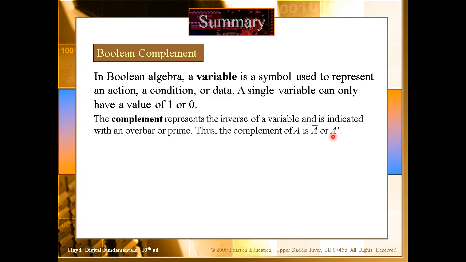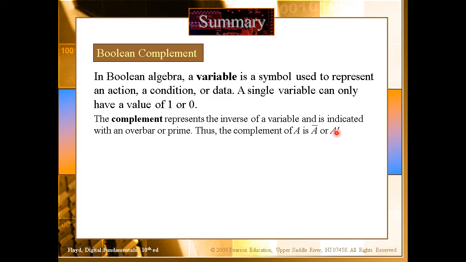By complement, I mean the reverse logic, because everything has a reverse logic, right? If a equals 0, then a prime equals 1. If a equals 1, then a prime equals 0. In literature, sometimes we use a bar, sometimes we use a prime. You see this symbol? That's called prime in Boolean algebra.